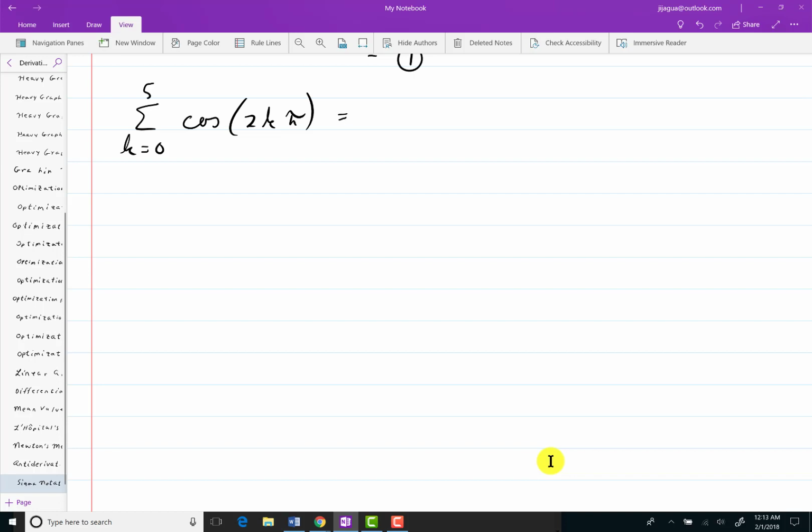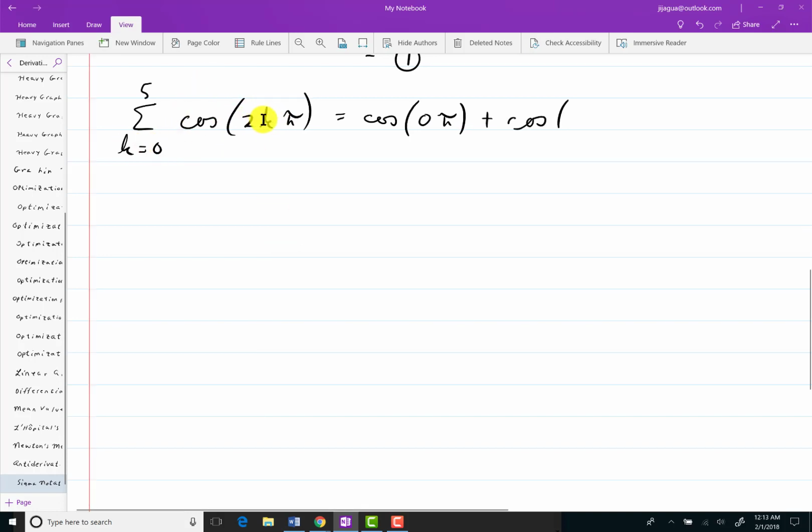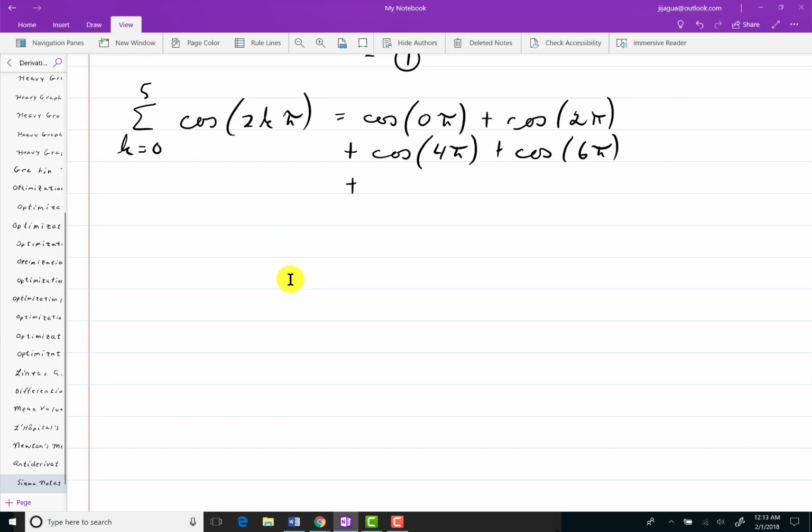So that'll equal cosine of, start with k equals 0, cosine of 0 pi plus cosine of, now plug in k equal 1, so I'll have 2 pi, plus cosine, then when k is 2, I'll have 4 pi, plus cosine, I think you're getting the idea, cosine of 6 pi plus cosine of 8 pi plus cosine of 10 pi.